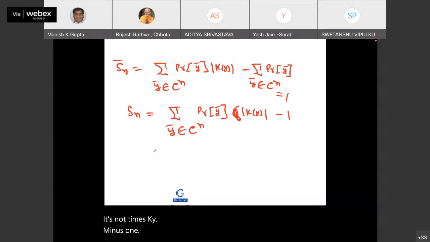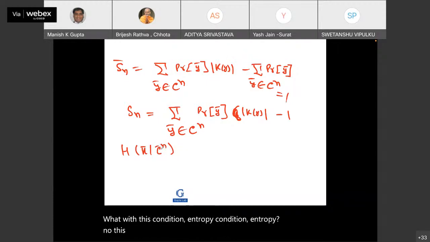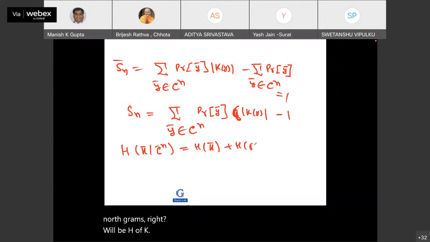Now I can use certain formulas. We know the conditional entropy, where C bar n is a random variable corresponding to n-grams, will be H of K plus H of Pn minus H of Cn, right?